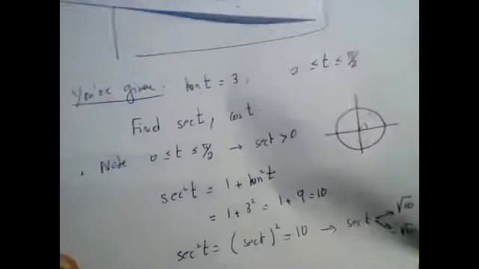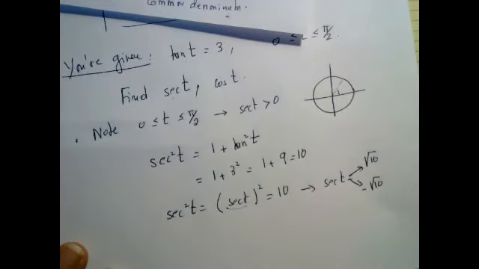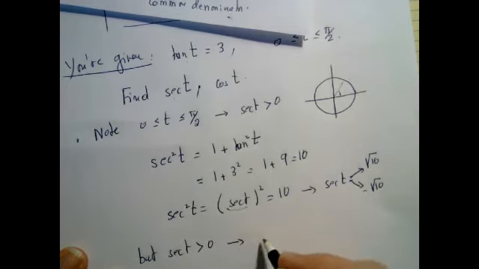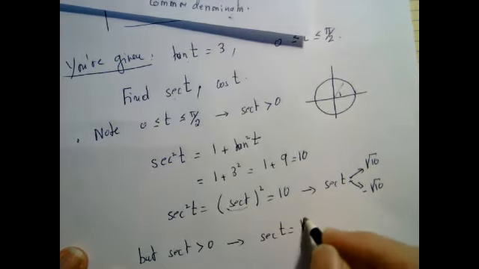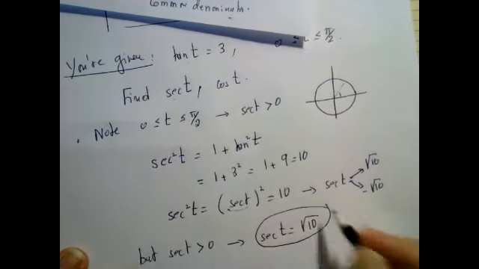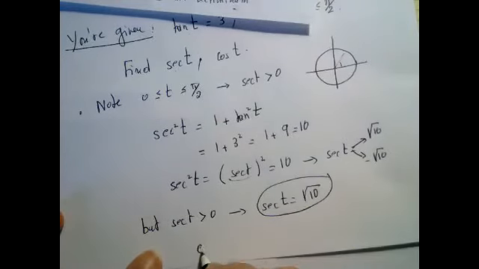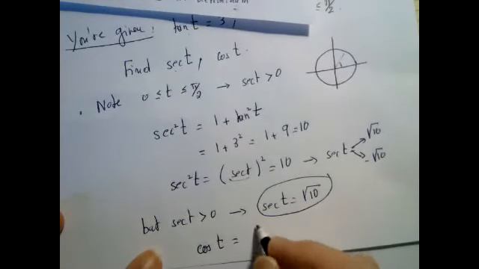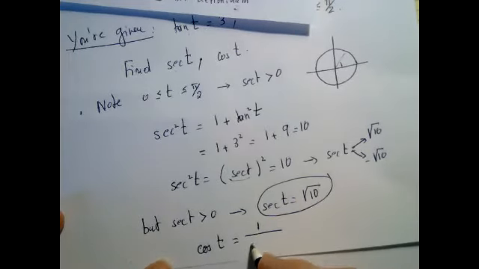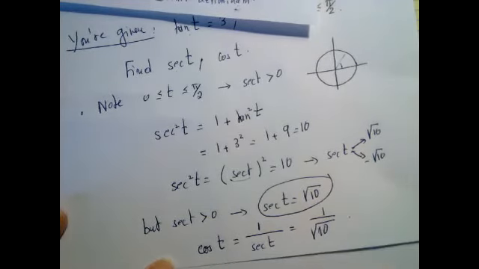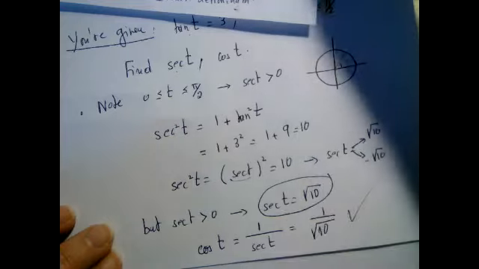There are two values that satisfy the property that their square equal to 10. But secant t is positive. It means that the secant is the square root of 10. So if I know the tangent, I can find the secant using these identities. Okay. Now, what's the cosine? The cosine is 1 over the secant. So the cosine is 1 over the square root of 10. You can keep it 1 over the square root of 10. There is no problem whatsoever with that. All right.